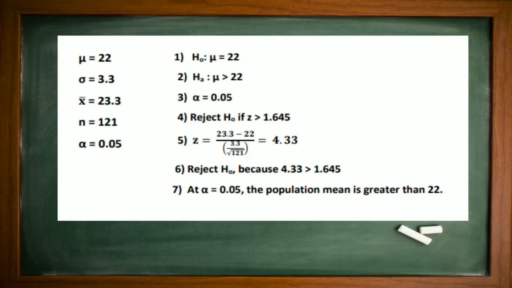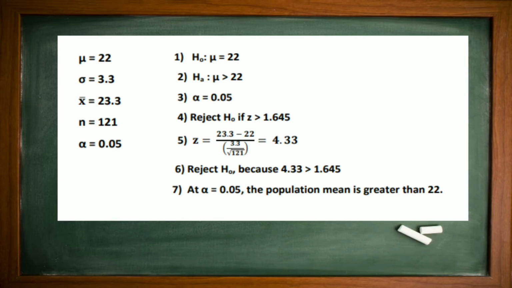Okay, so ito po yung ating sagot. So, yung gagamitin po natin dito is yung critical value approach. Para po hindi tayo mahirapan, kindly list down na po muna yung ating mga given parameters.